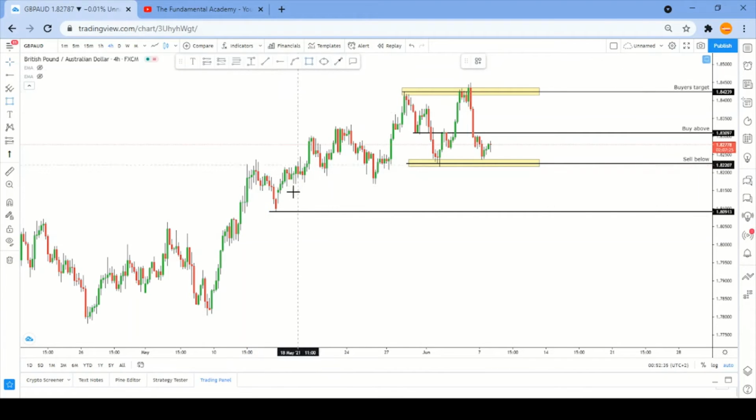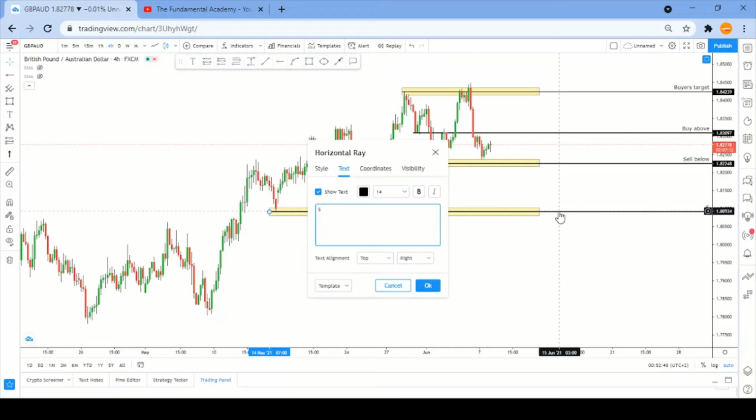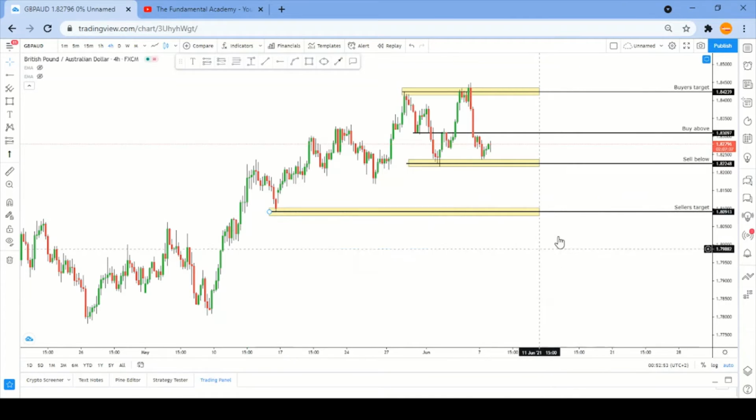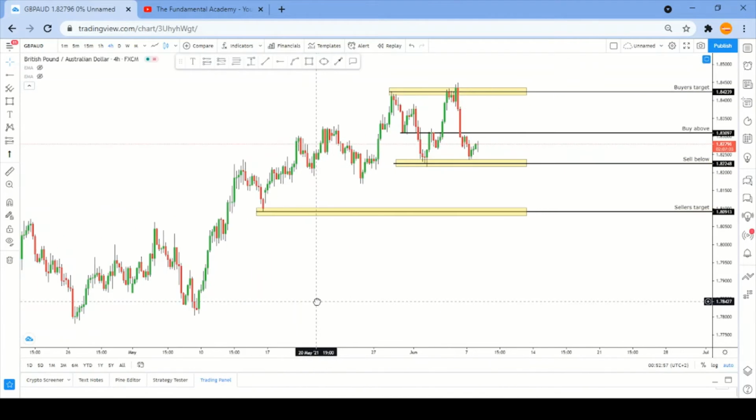So my seller's take profit would definitely be a bit deep on the sell, but I'm not too confident in the sell as with the buy. So this would be my seller's target, and that is what I see happening on GBP AUD. Right now, what I can tell you guys is we are in a bullish trend, so I wouldn't be looking for any sells at this moment. I'd rather go with a higher probability of a buy.